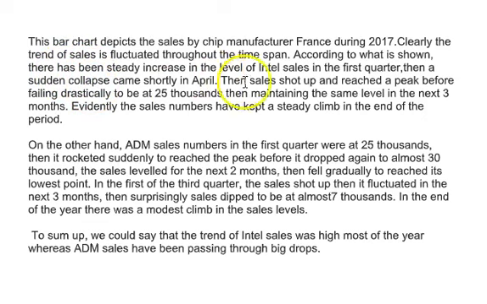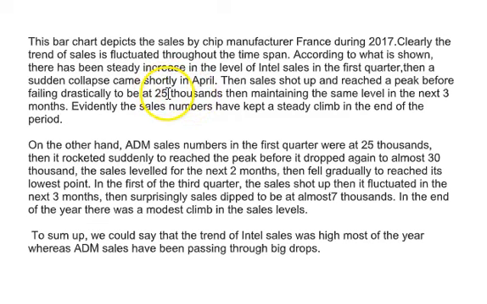Okay. Then sales shot up and reached a peak before falling, instead of failing, falling, F-A-L-L-I-N-G, drastically, to be at 25,000. Okay. Now, 25,000 is not plural. And we can actually write the number because we're talking about a diagram.